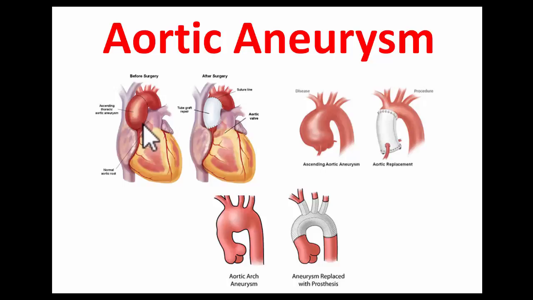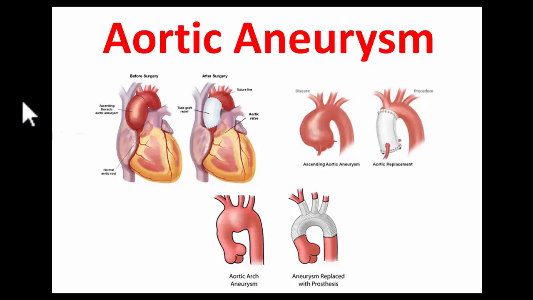If the patients are not having any symptoms, basically we just need to follow these patients carefully and get a repeat ultrasound or a CT scan of the chest every year or so until the size of the aortic aneurysm reaches 4.5 to 4.7 centimeters. At that time, it needs to be very closely followed, and if the aneurysm size exceeds 4.7 centimeters, that's the time to intervene either surgically or by intervention, which we're going to talk about.